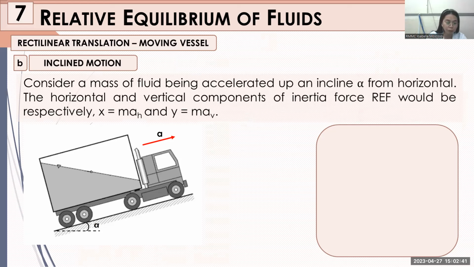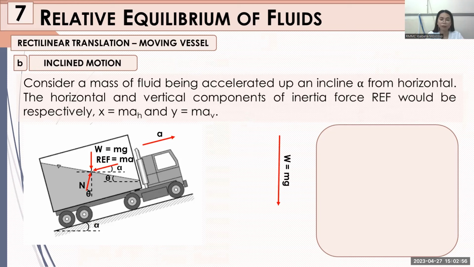Okay? But the consideration inside the vessel is the same. You have your angle theta that is relative to the horizontal, to the incline. Okay? So, kung i-Allenberg's theorem natin ito, or to get the free body diagram, ganito yung magiging itsura ng right triangle natin.